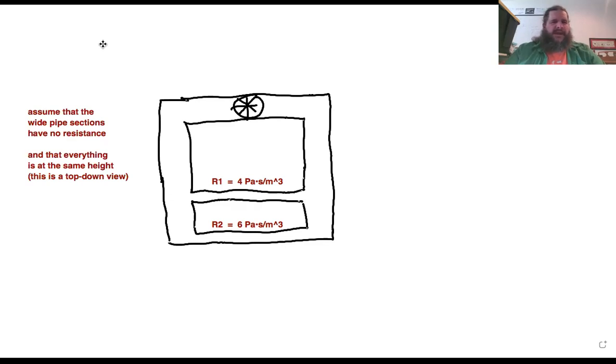If we want to find the current here, can we draw a single loop that will make this work? For instance, let's call the point right before the pump location 1 again. Can we draw a loop from 1 to 1?